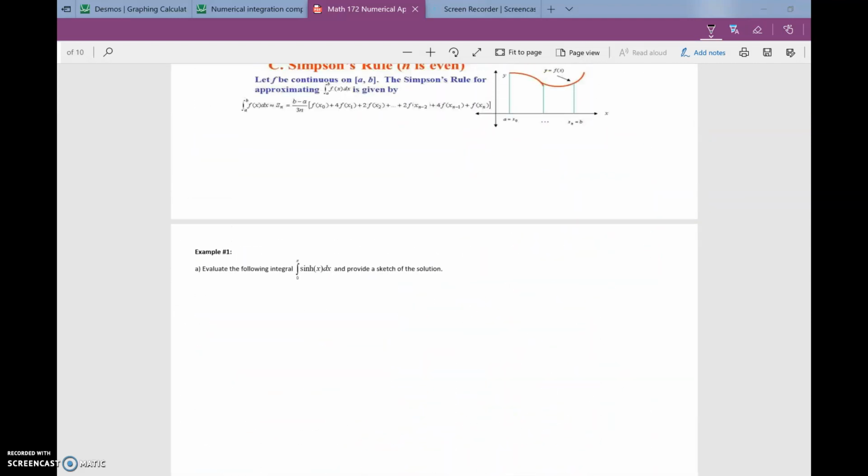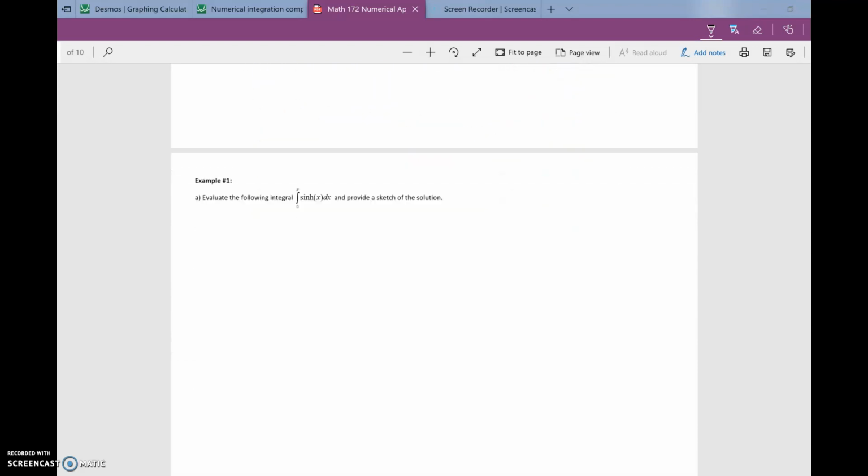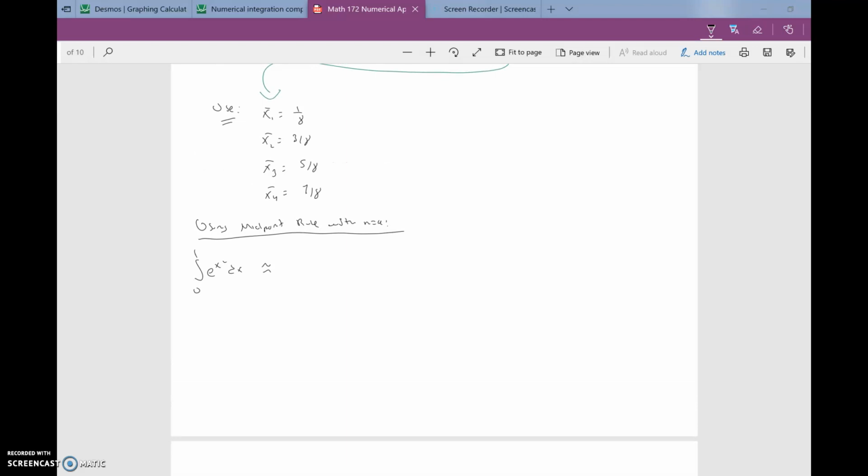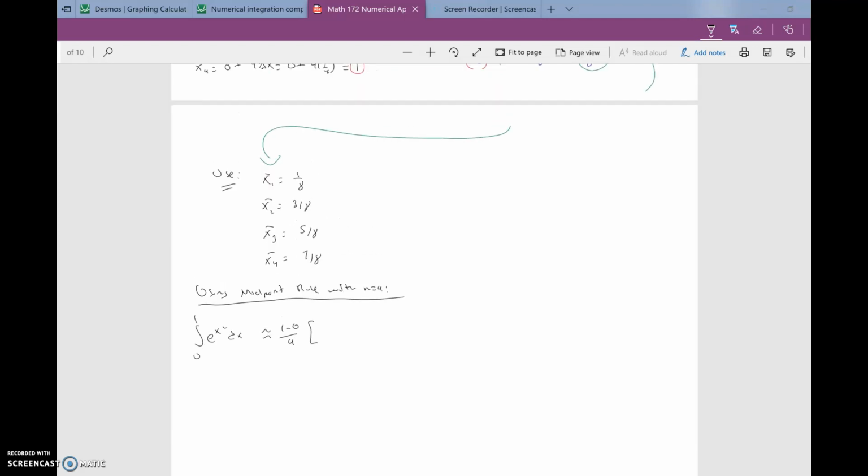And the formula uses b minus a over n, which is just your delta x. But let me rewrite it as 1 minus 0 divided by 4 times, and then I'm just going to say that f of x is equal to e to the x squared, f of an eighth plus f of 3/8 plus f of 5/8 plus f of 7/8.